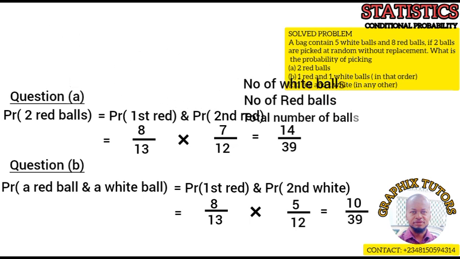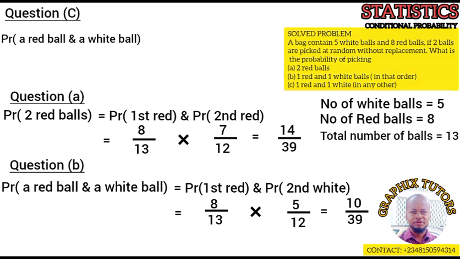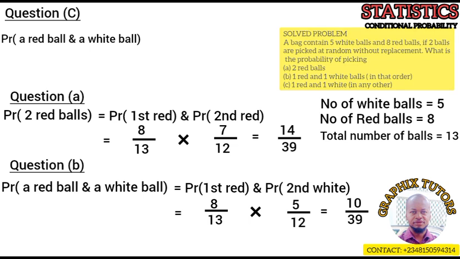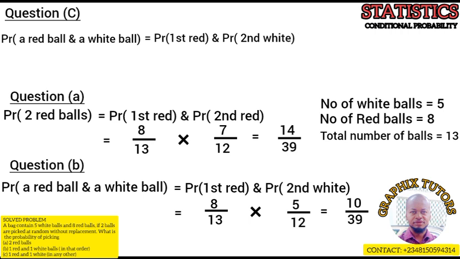So for the third question here, it says the probability that 1 is red and 1 is white in any order. So what you do here is, there are two possible orderings. The first one is red and the other one is white, which we did, and we have got 10 over 39.